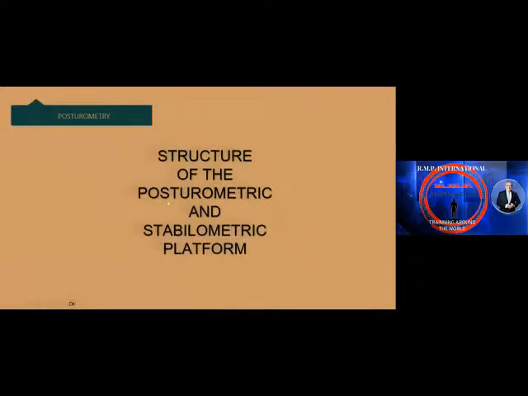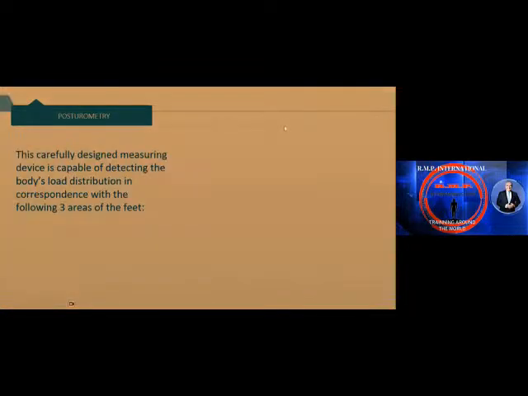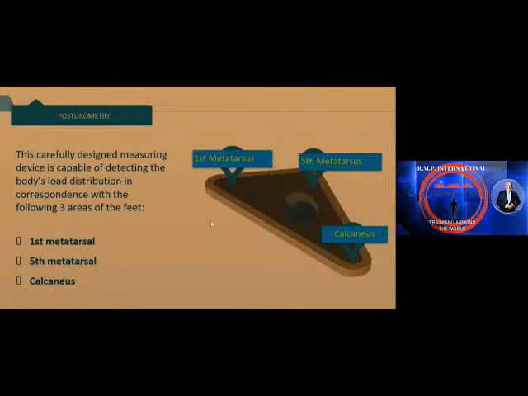The structure of the posturometric and stabilometric platform was designed to detect the body's load distribution in correspondence with the following three areas of the feet: first metatarsal, fifth metatarsal, and calcaneus.